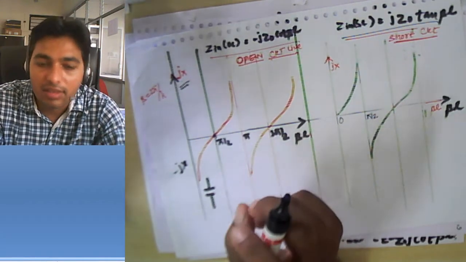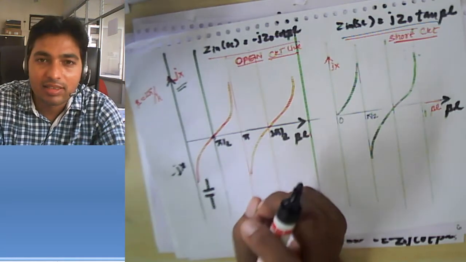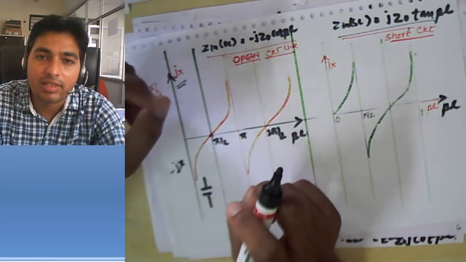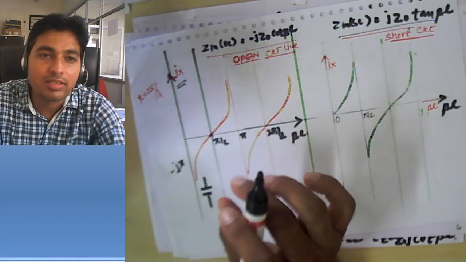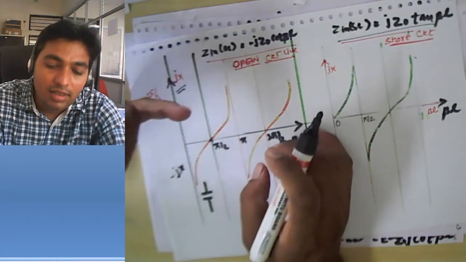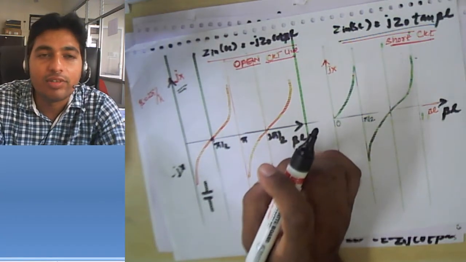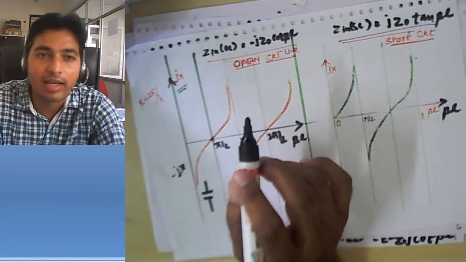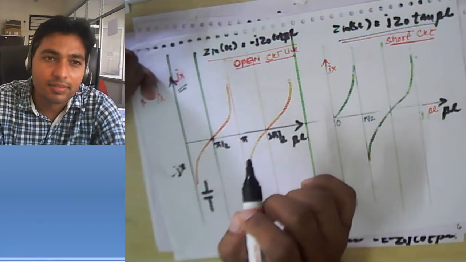Now when the 0 impedance takes place, let us take a circuit with RLC components and the impedance is 0. When will this happen?